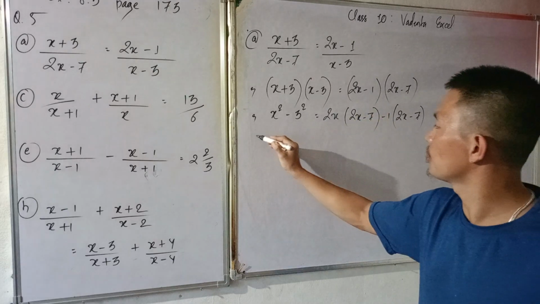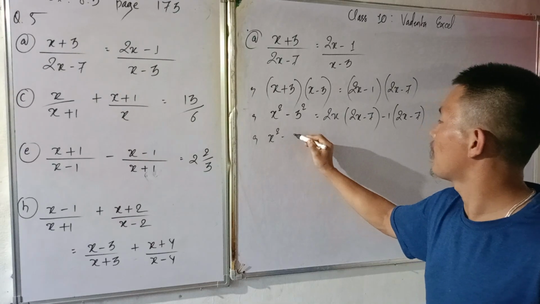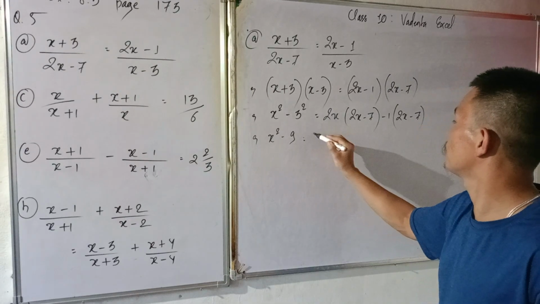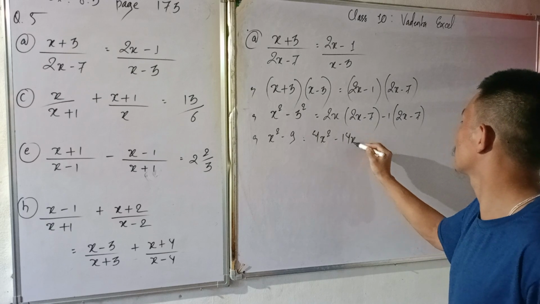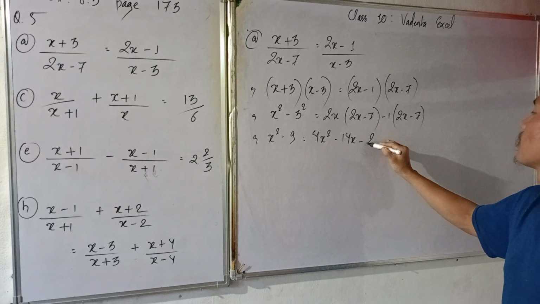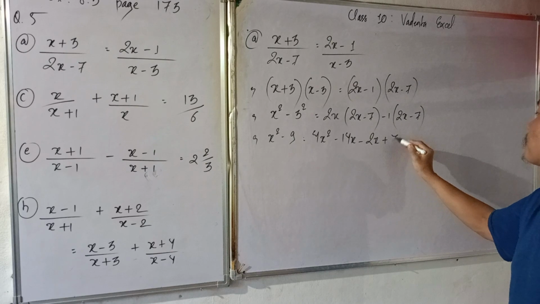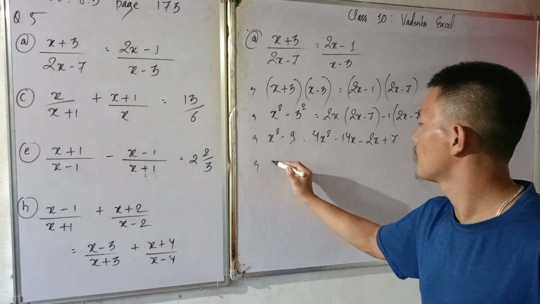Now we just simplify. x square minus 9 is equal to 4x square minus 14x minus 2x plus 7.